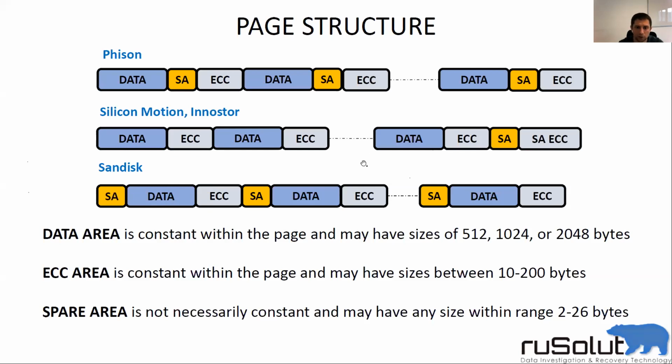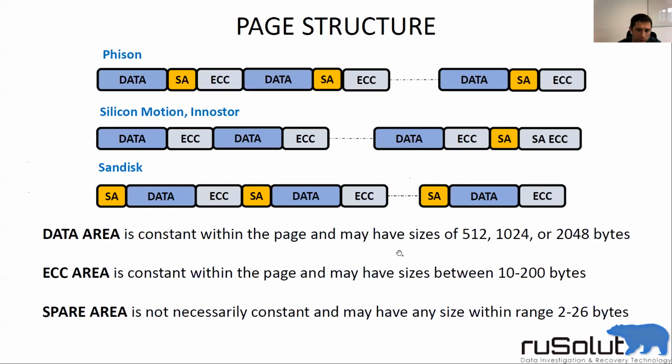And knowing this structure, you can actually pretty easily detect all those sizes and all those borders. Because data area, as I said, is always 1024, or in case of SanDisk, 2048. Very old devices have 512 bytes of data area. But if you are dealing with a pretty new device, most probably it will be 1024 bytes for data area.